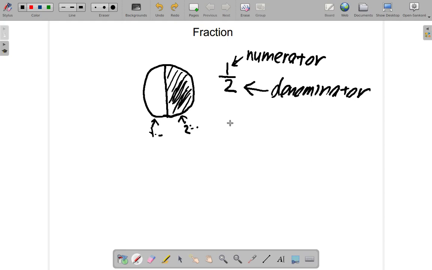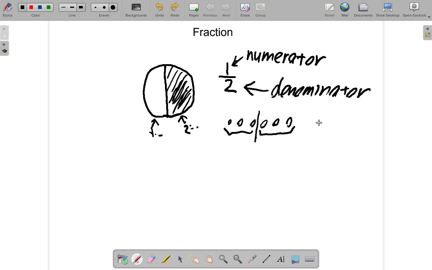So a fraction can also be considered, for example, I have 1, 2, 3, 4, 5, 6 apples, and I share the apples equally among 2 persons. So one gets half and the other gets half. So I divide the number into 2 equal parts. One person gets 3, the other person gets 3.